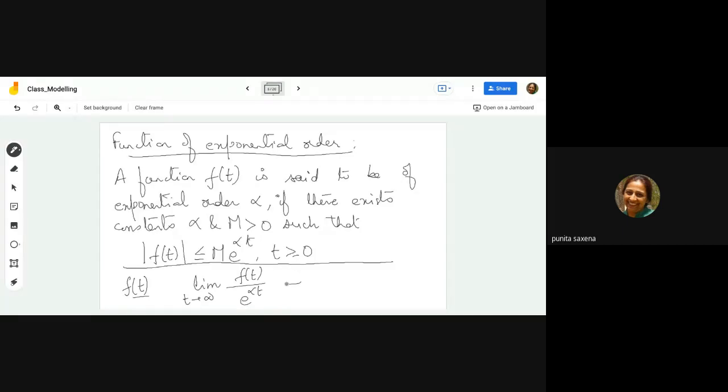If this limit is finite, then the function is said to be of exponential order alpha. Otherwise, it is not. We will come to it when we do problems based on exponential order, but this is how we are going to test it.